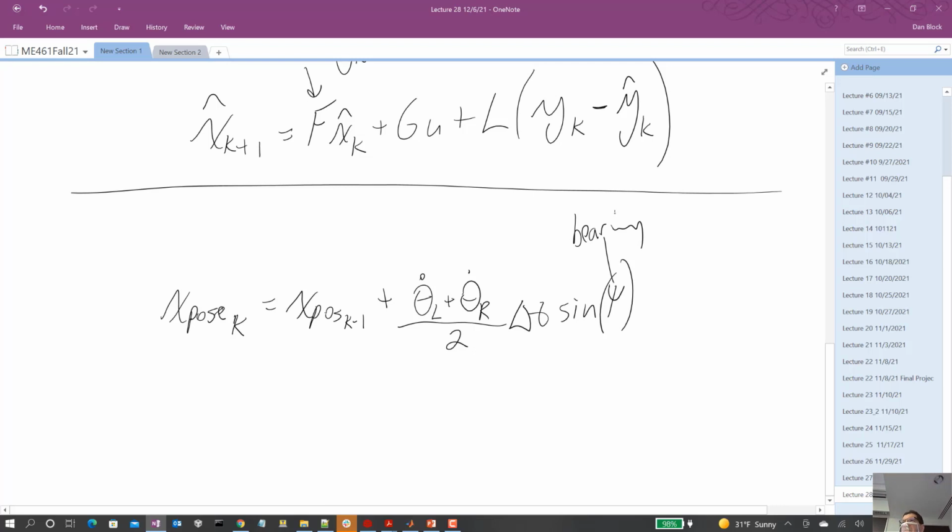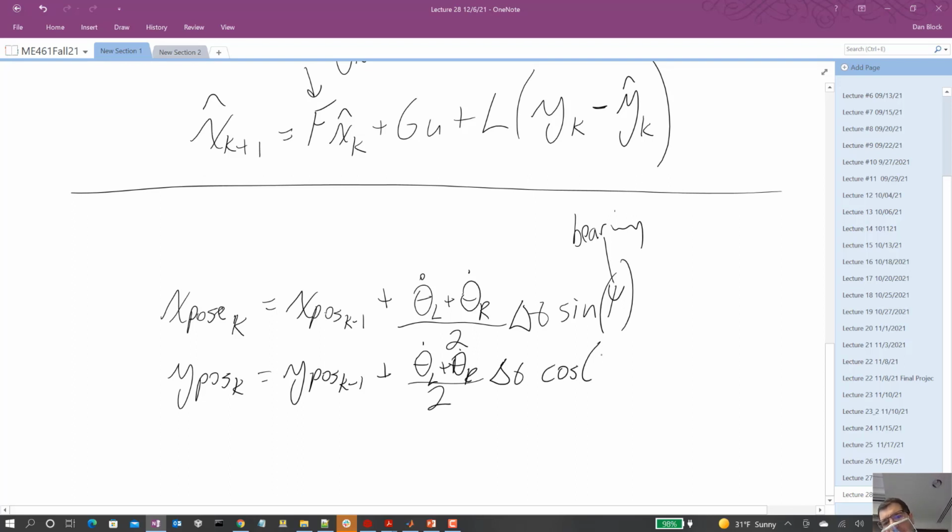Agree with that? That was something we did. And then, of course, we said y pose K equals y pose K minus 1 plus the same thing, but cosine, remember? Delta t cosine the bearing, okay?